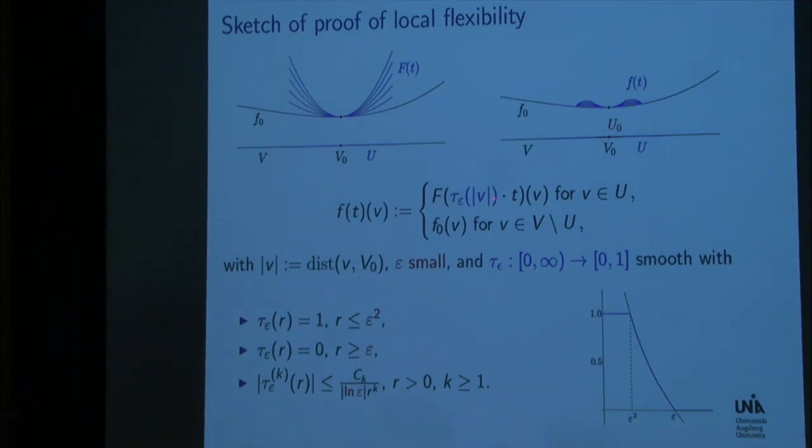We introduce an interpolating factor in front of the t parameter for this deformation. So this function here is a cutoff function, which is indicated here. And this is 1 in a small neighborhood of 0. It's 0 outside a bigger neighborhood. So when this thing here is 0, then we are constantly equal to f0, right?